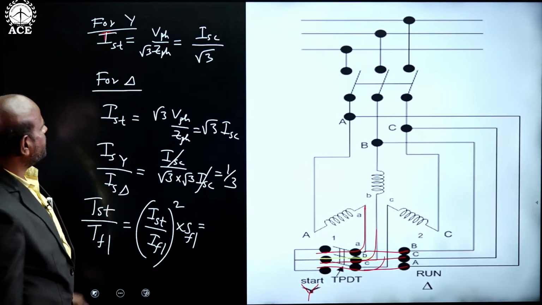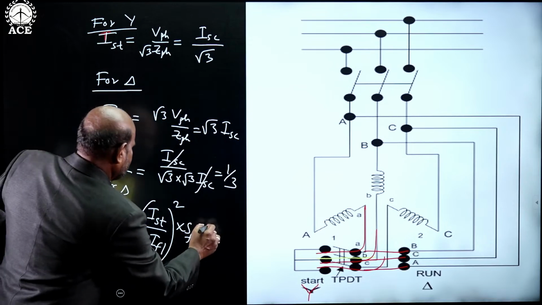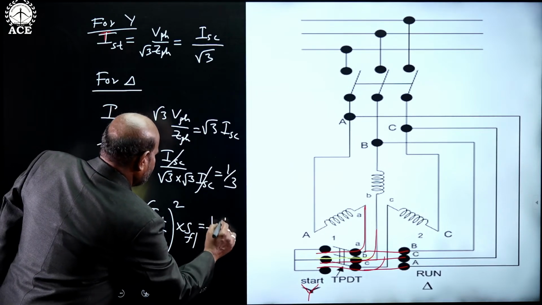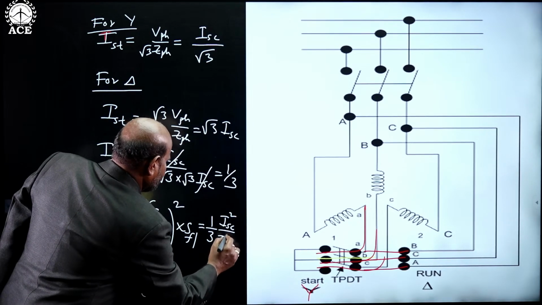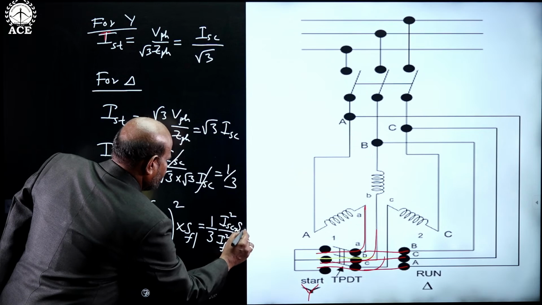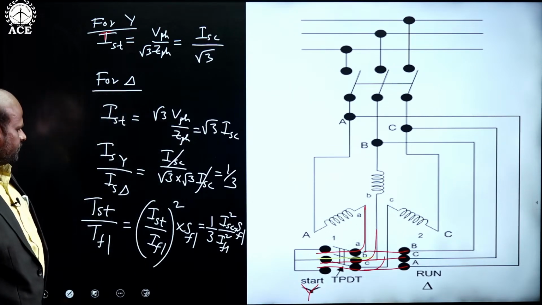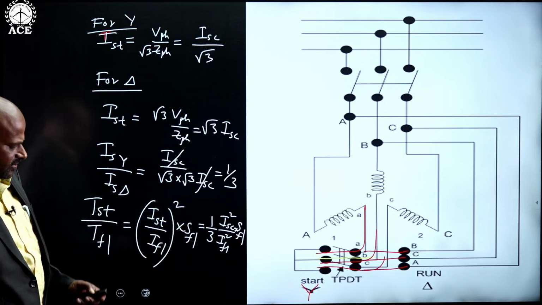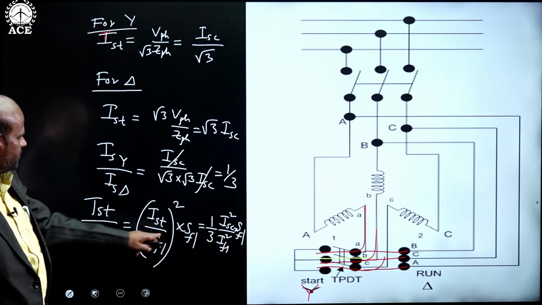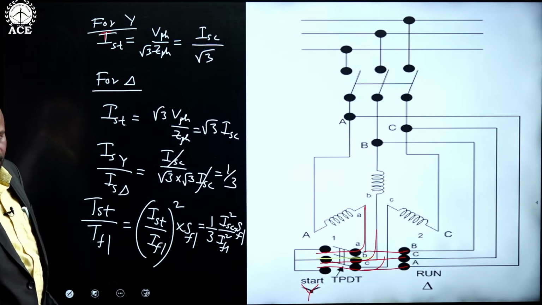During starting, what is the current? ISC by root 3. So 1 by 3 times of ISC square by IFL square into SFL. So starting torque will be reduced by 1 by 3 times of full load torque.